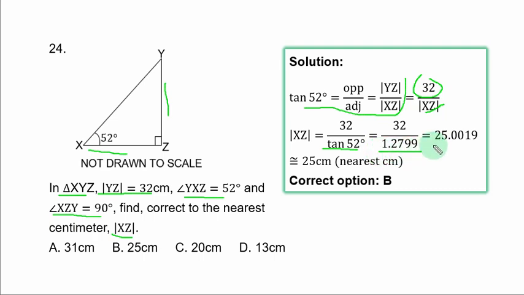If you divide, you have 25.0019. To the nearest centimeter, you must consider 25. The next number is 0. Round it down to 0, and you have 25 to the nearest centimeter. B is the correct option.